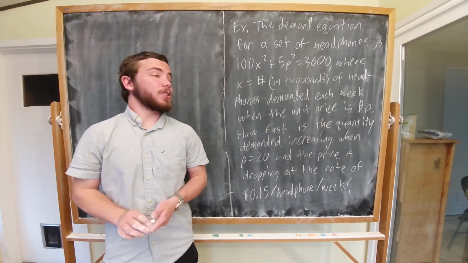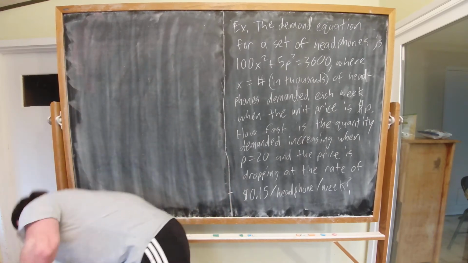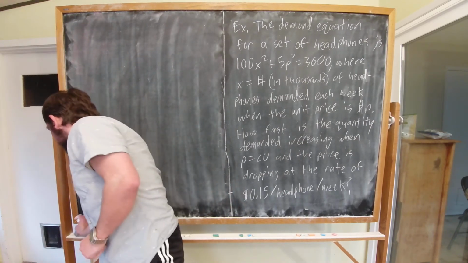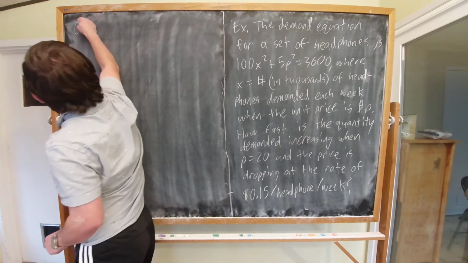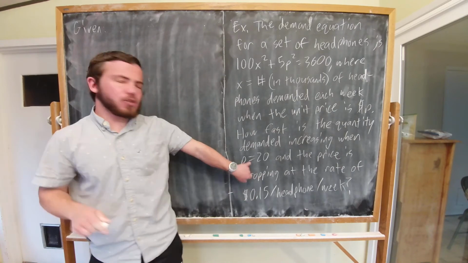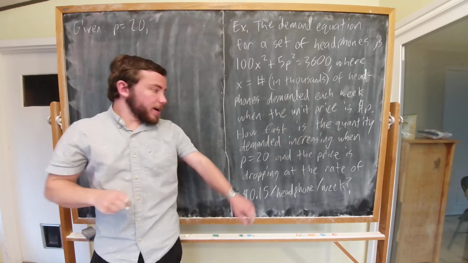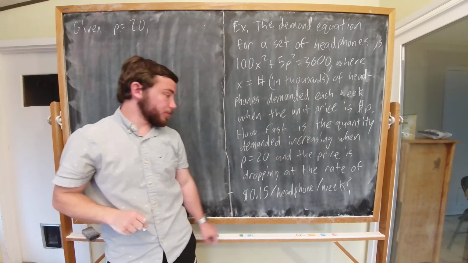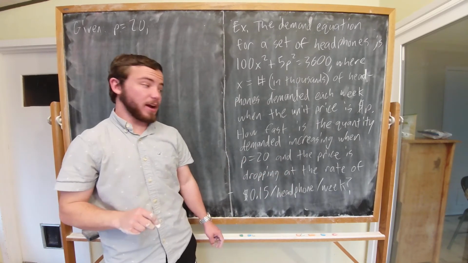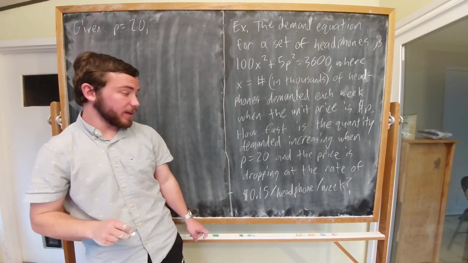All right. So, let's write out our givens and our desired. As soon as I pick this up off the floor. Our givens, well, I know p is 20. I know that the price is decreasing at 15 cents per headphone per week.